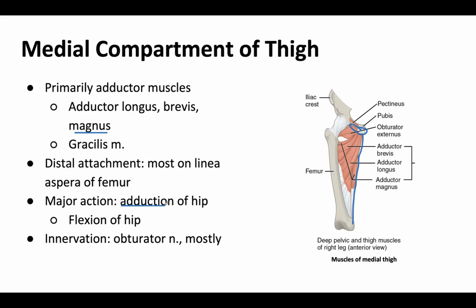Some of these muscles will play a role in flexion of the hip joint as well, typically assisting the iliopsoas muscle. And these muscles are mostly innervated by the obturator nerve, which, like the femoral nerve, is from the lumbar plexus of nerves.